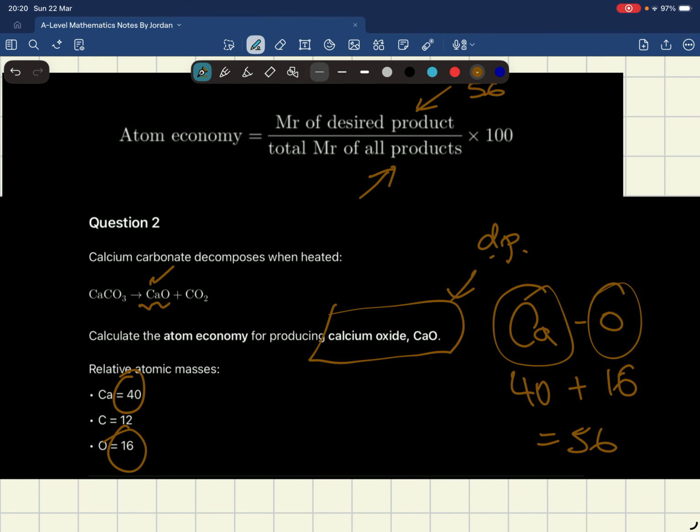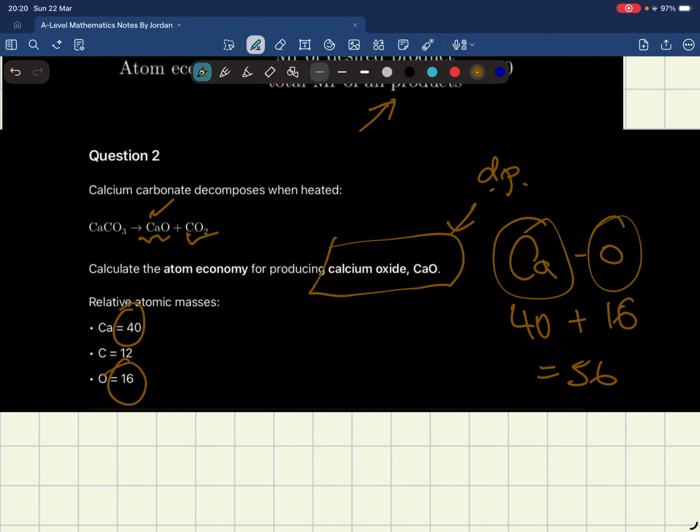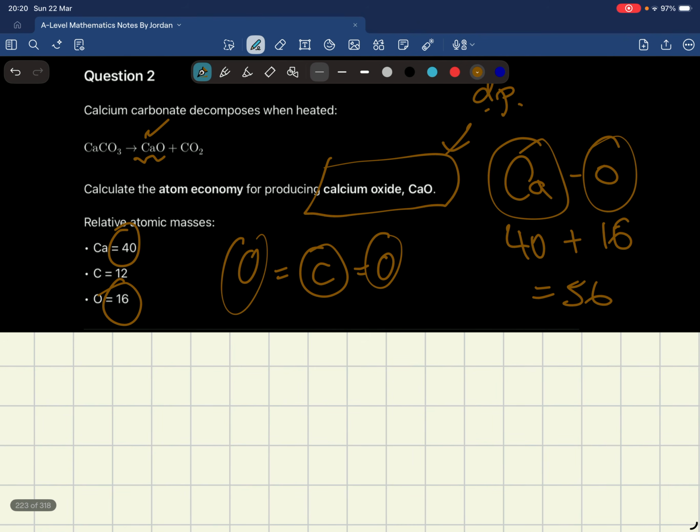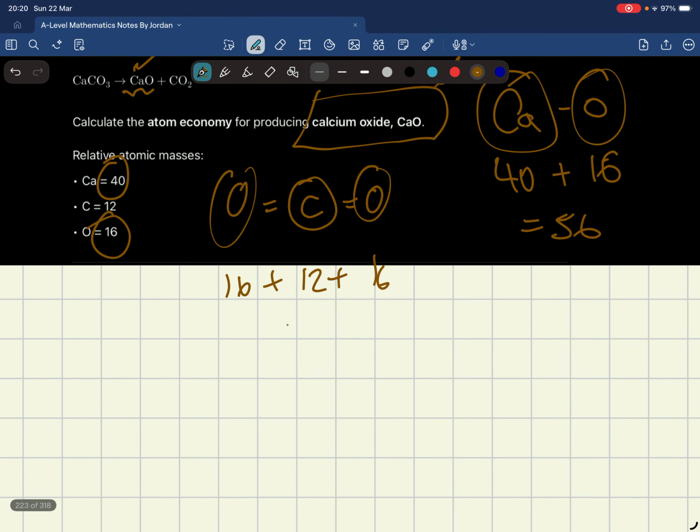So we've got that one. Now we just need CO2, which will be carbon in the middle and 2 oxygens bound to it like that. So we've got 16s here for the oxygen, and for carbon we've got 12. If we add that all up, 2 16s is 32, and then 12 we've got 44, I believe.